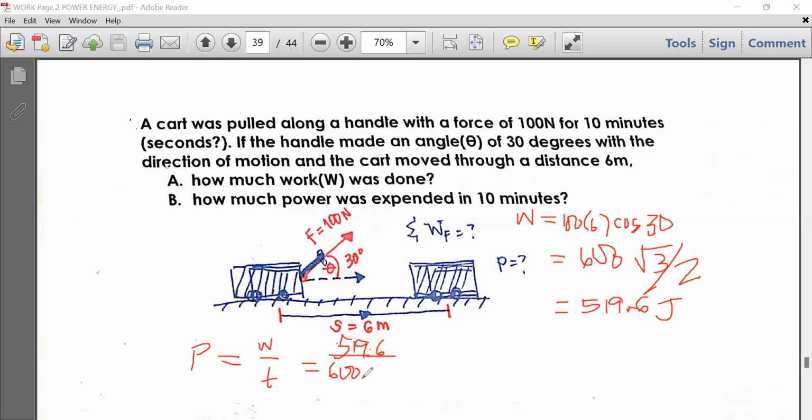So the answer is 0.866 watts, or 0.9 watts.